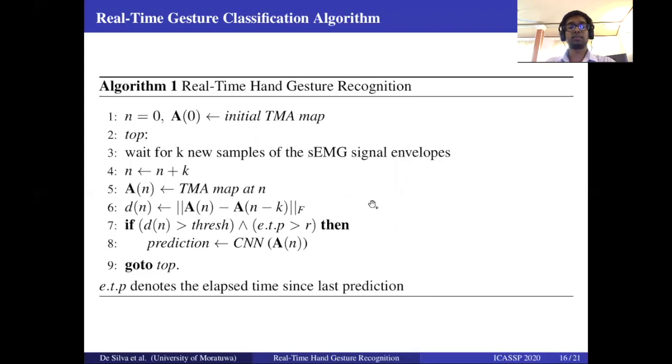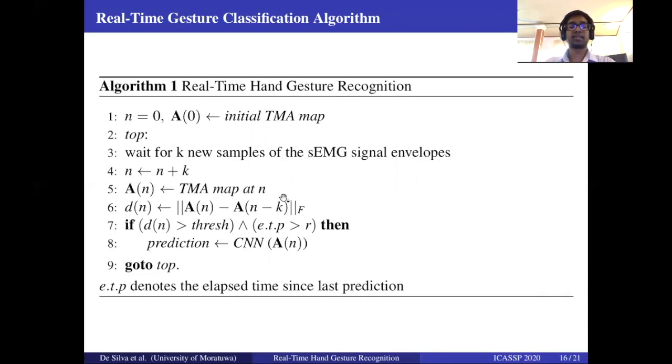Only when both these conditions are met, we send the TMA map at that particular time point of gesture onset to our CNN, which is trained, and then this trained CNN can predict the gesture label of that particular TMA map. And this method, as you can see, does not make a prediction for all the time bins that we compute.